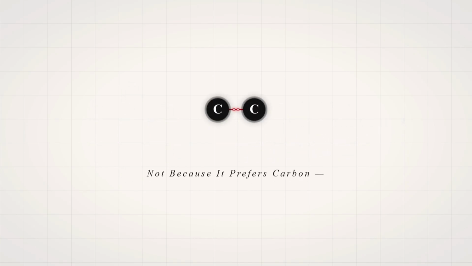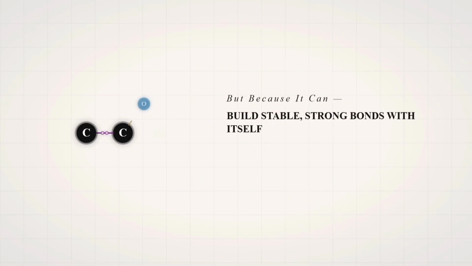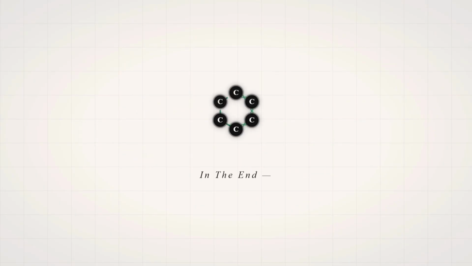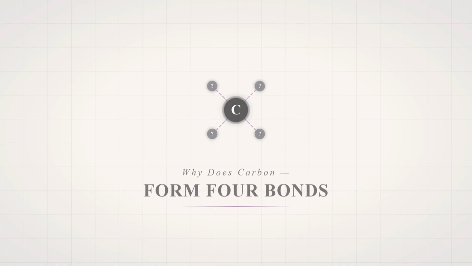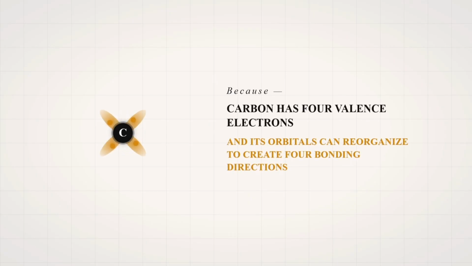Not because it prefers carbon over everything else, but because it can build stable, strong bonds with itself and with a huge range of other elements in an enormous variety of arrangements. We've now answered 2 major questions. Why does carbon form 4 bonds? Because carbon has 4 valence electrons, and its orbitals can reorganize to create 4 bonding directions.